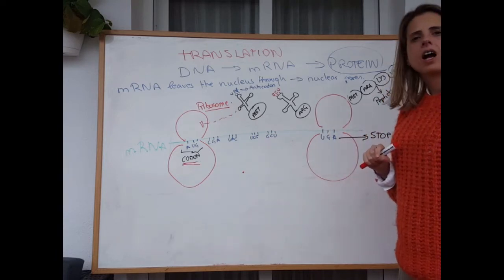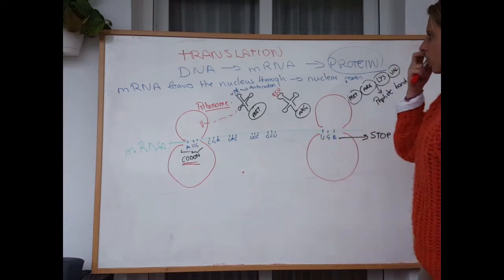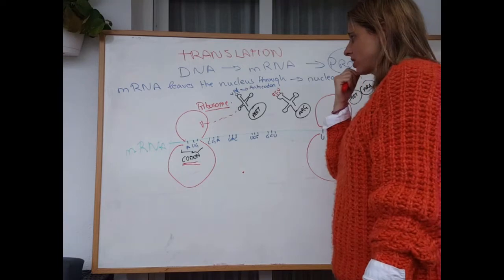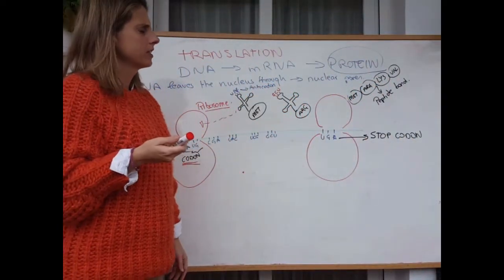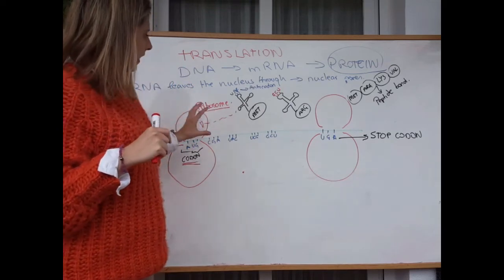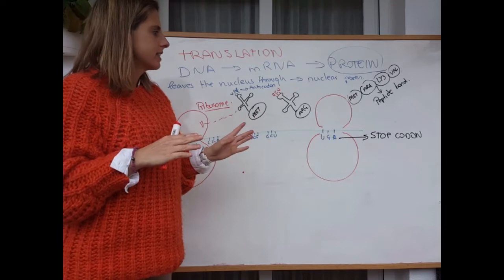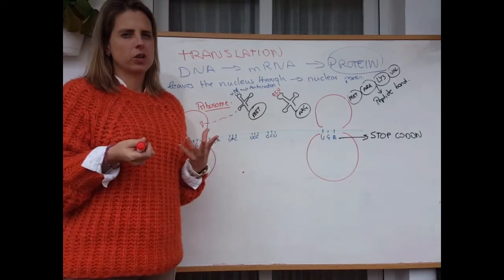There we have our protein. Okay. So basically, this is translation. It's not simple. I understand that, but I hope that if you check all the steps little by little, they are not that difficult to understand.